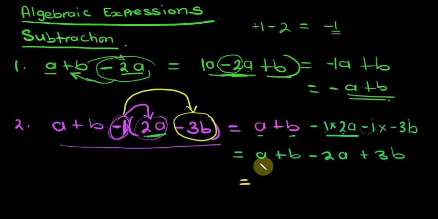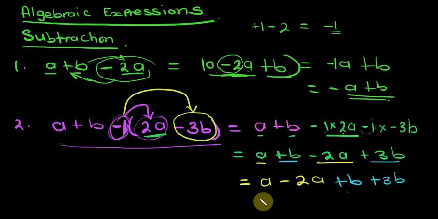Okay. Now, once we have gotten rid of the brackets, we can collect the like terms, a and minus 2a. So a minus 2a, followed by positive b and positive 3b. Okay, a minus 2a, that is the same thing as 1a minus 2a.